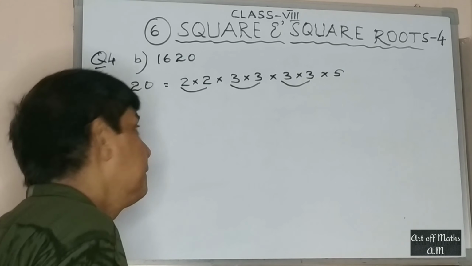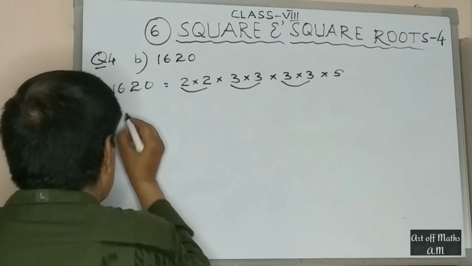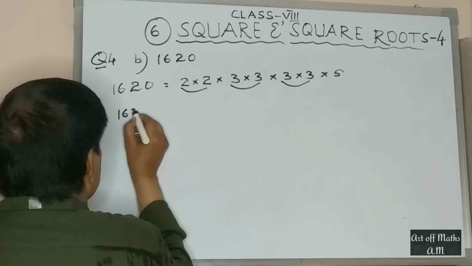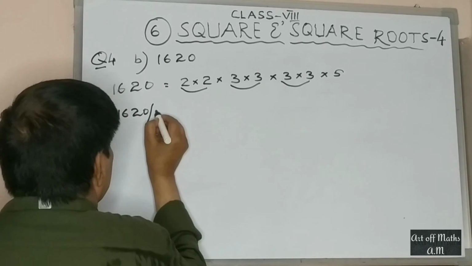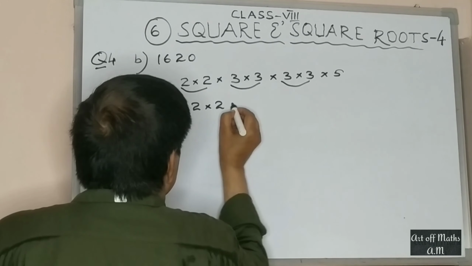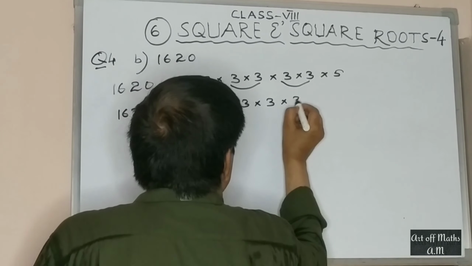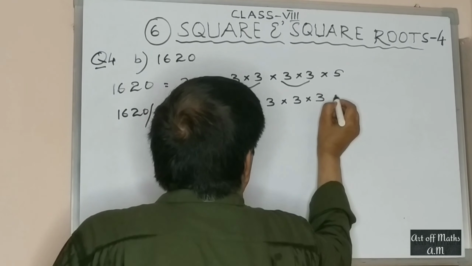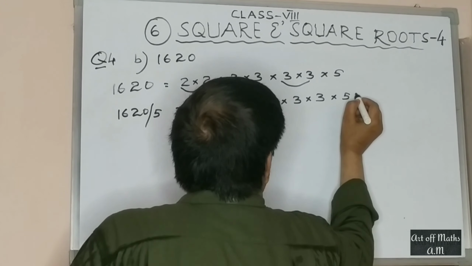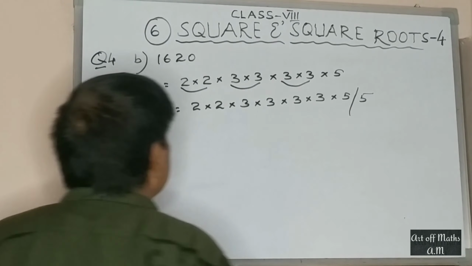It is unpaired. So we have to divide. 1620 divided by 5 equal to 2 into 2 into 3 into 3 into 3 into 3 into 5 divided by 5.